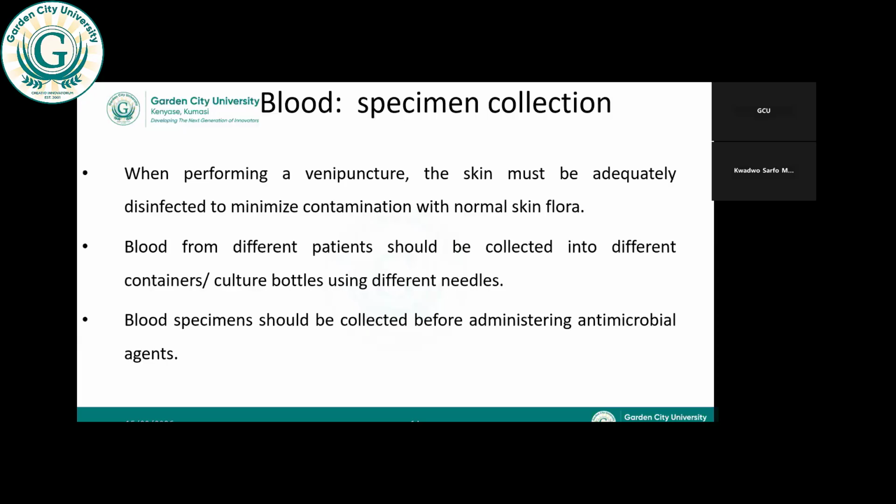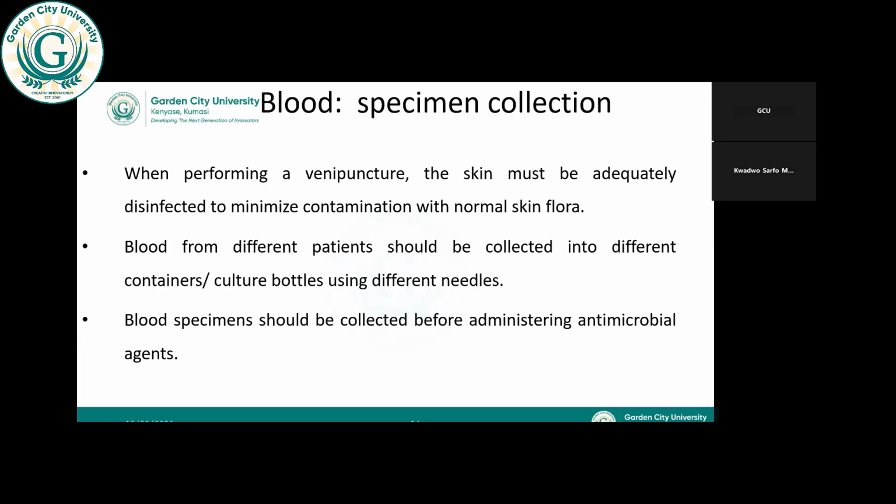And different containers should also be used when it has to do with different clients or patients, so that you don't end up mixing these specimens. If it has to do with blood culture bottles, sometimes a request will be made for aerobic and anaerobic bottles.